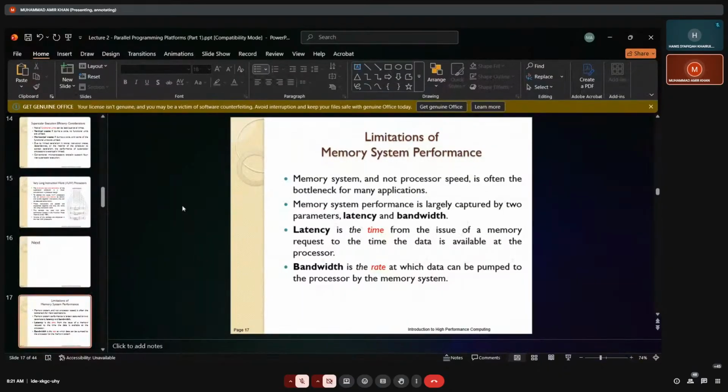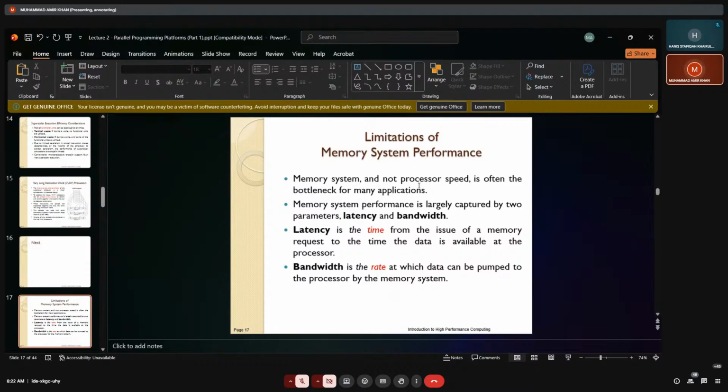Limitation of memory system performance. The memory system, and not processor speed, is often the bottleneck of many applications. Memory system performance is largely captured by two parameters, latency and bandwidth, which we can use to measure the performance.